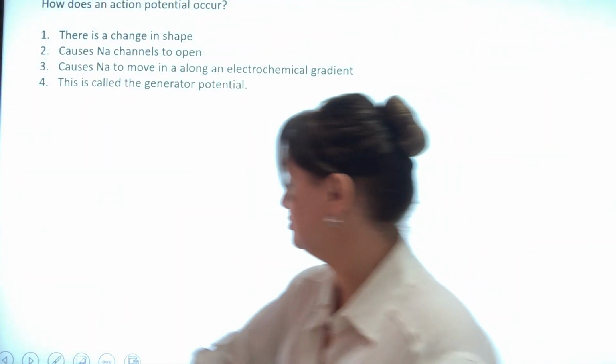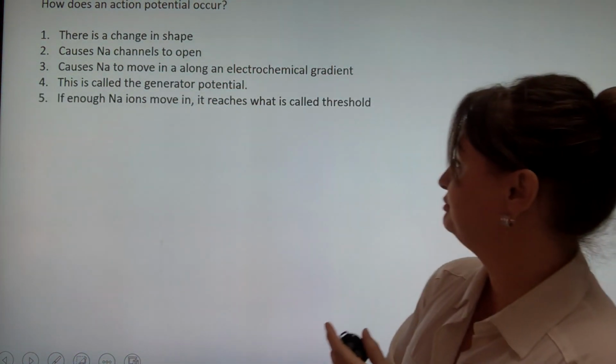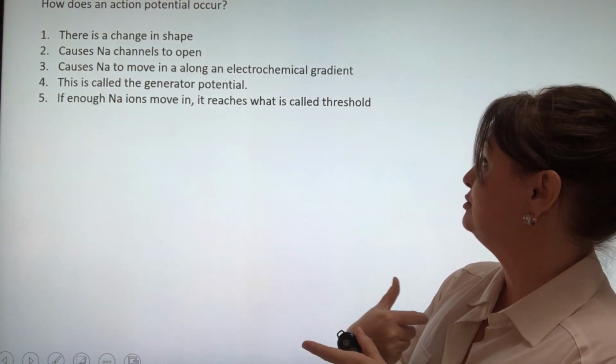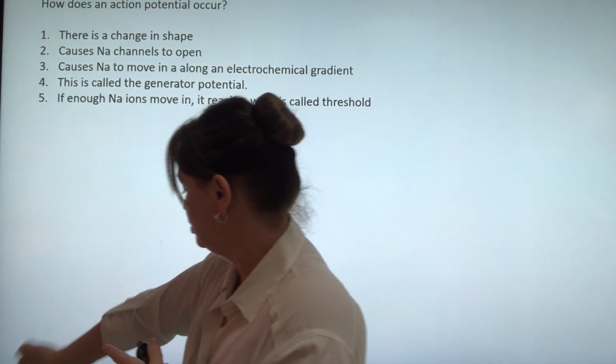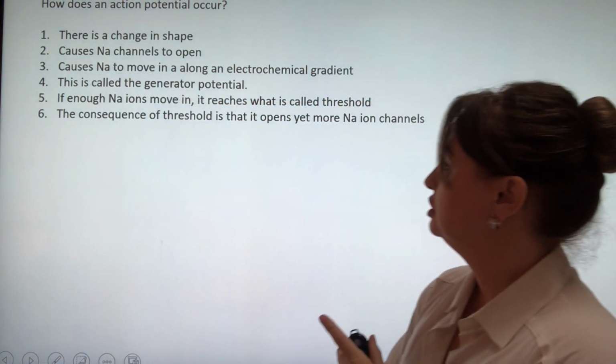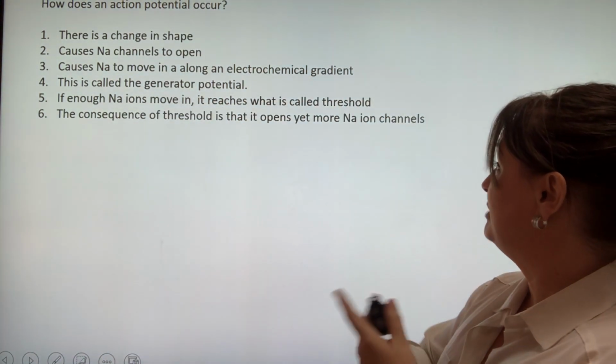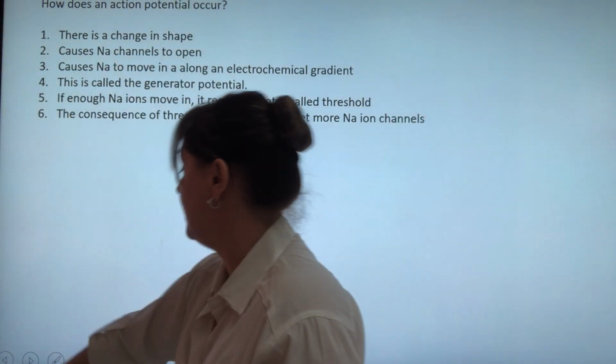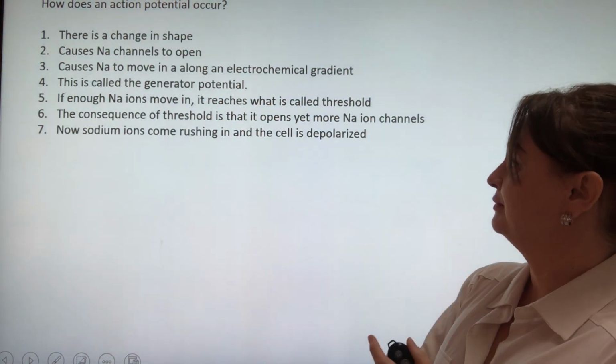Is the generator potential big enough? If the generator potential is enough and enough sodium ions move in, we reach threshold. The consequence of threshold being that it opens more sodium ion channels, and then they all come rushing in.